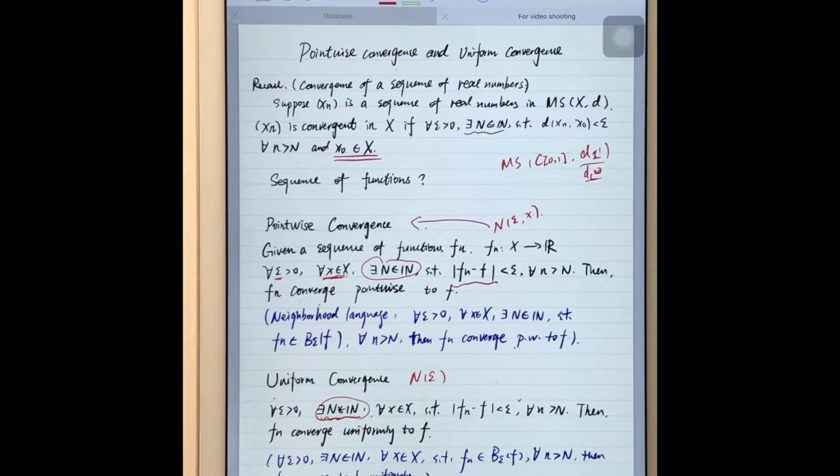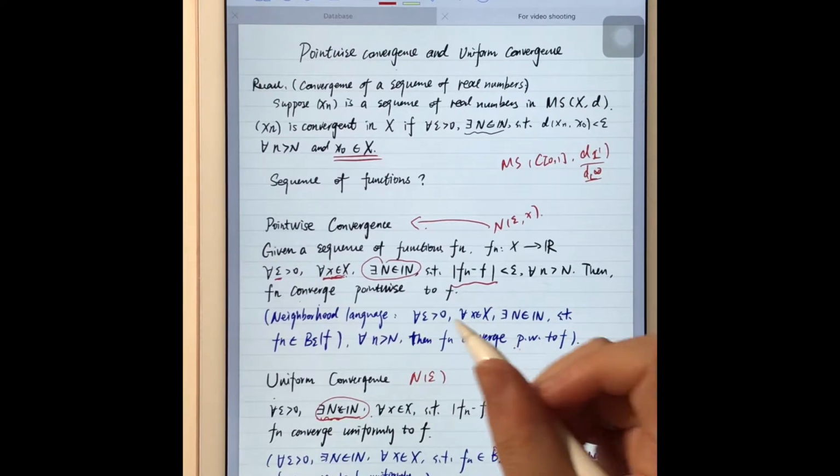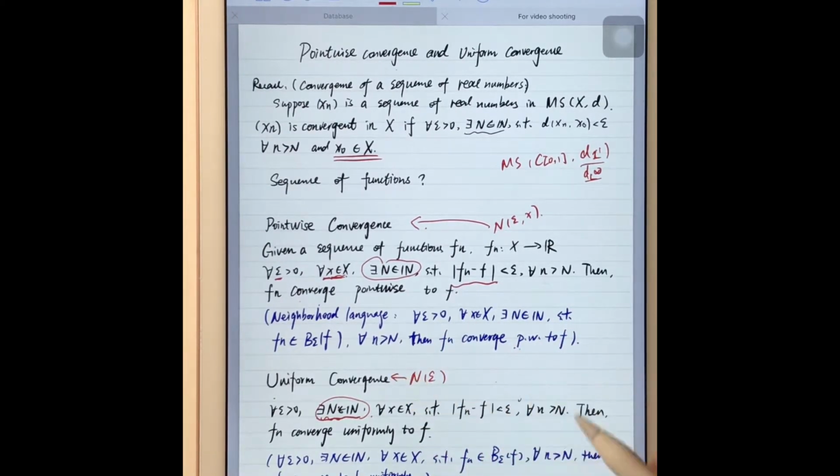It cannot be a function of x. In my opinion, this essentially differentiates pointwise convergence and uniform convergence. The point is what variables the function N depends on. Okay, so this is the definition of pointwise convergence and uniform convergence.